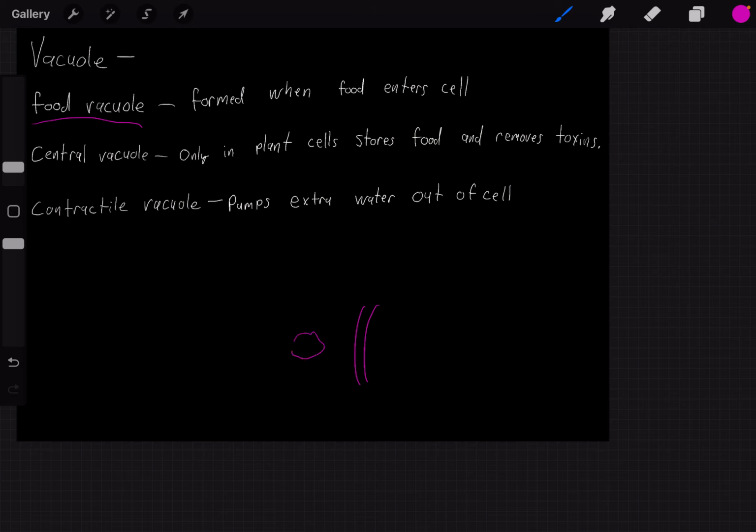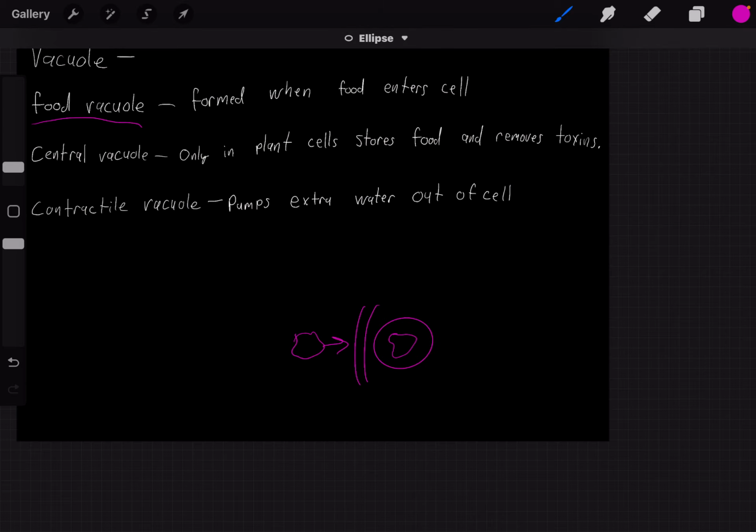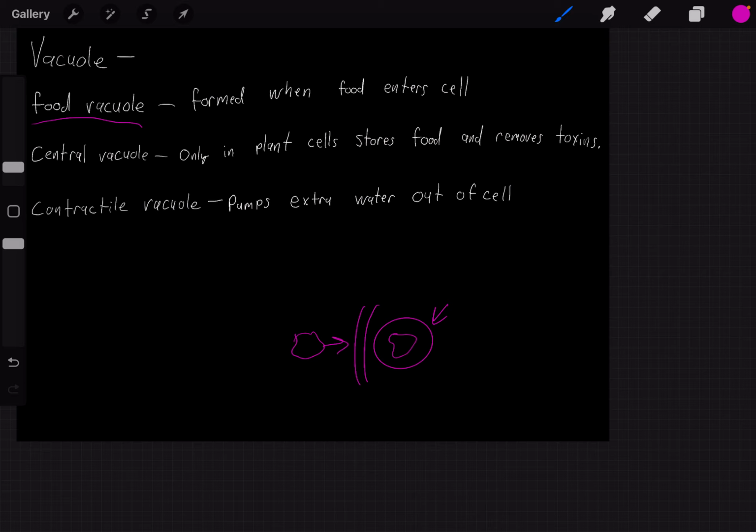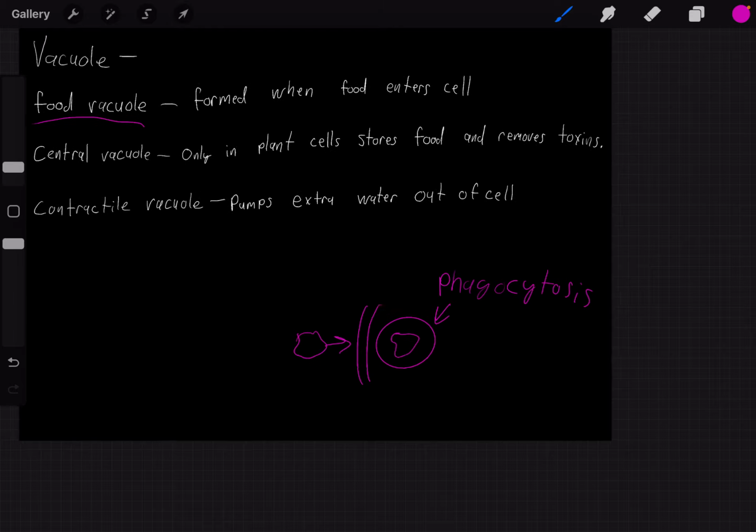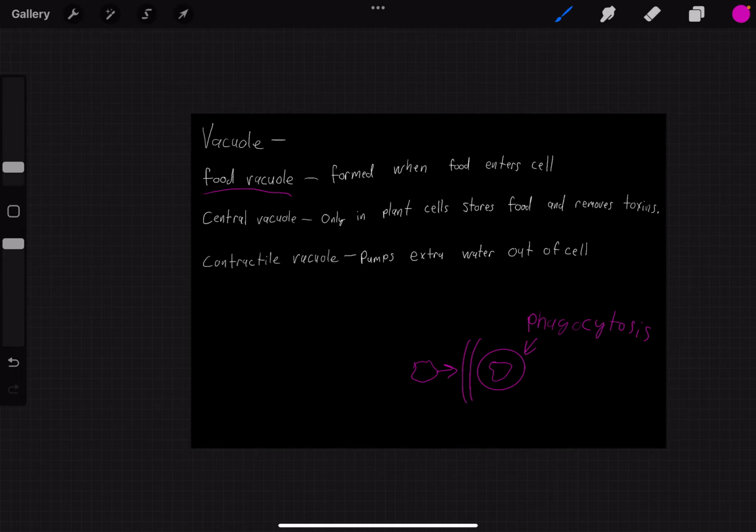And you have your food here, and when it enters the cell, it'll be encased in a plasma membrane. And this would be the food vacuole right here. This process right here is called phagocytosis.